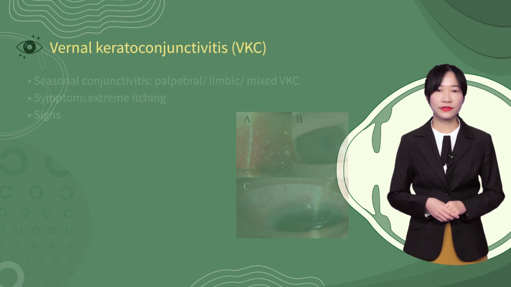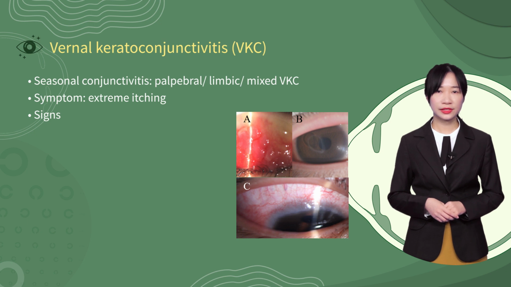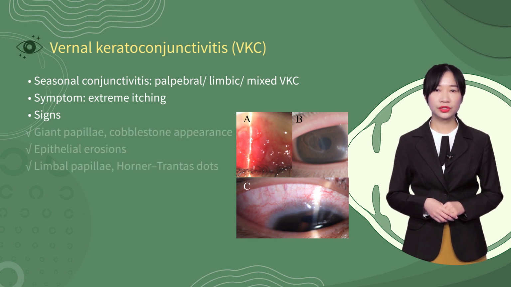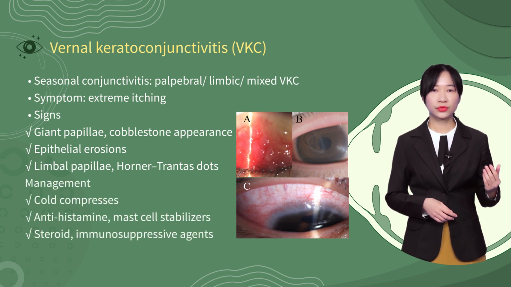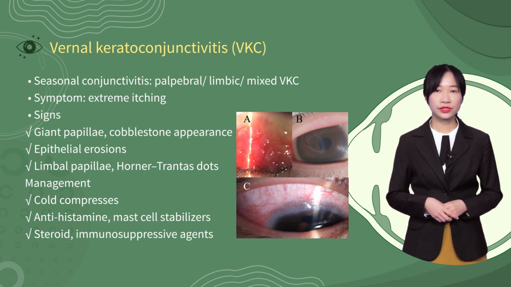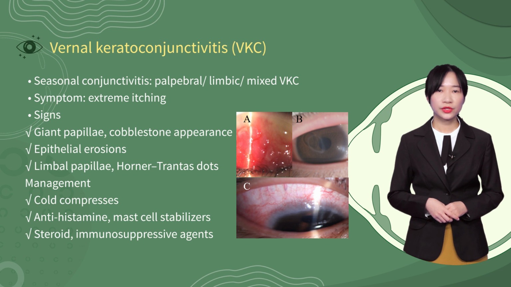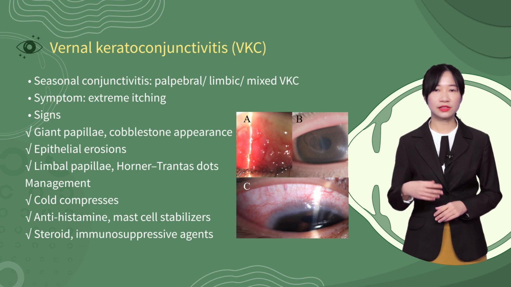Vernal conjunctivitis, also called VKC, is an inflammatory disorder of the conjunctiva and the cornea, probably of allergic etiology. It is a recurrent bilateral disorder which often occurs on a seasonal basis, with a peak incidence over late spring and summer. Typically, the patient complains of intense itching.